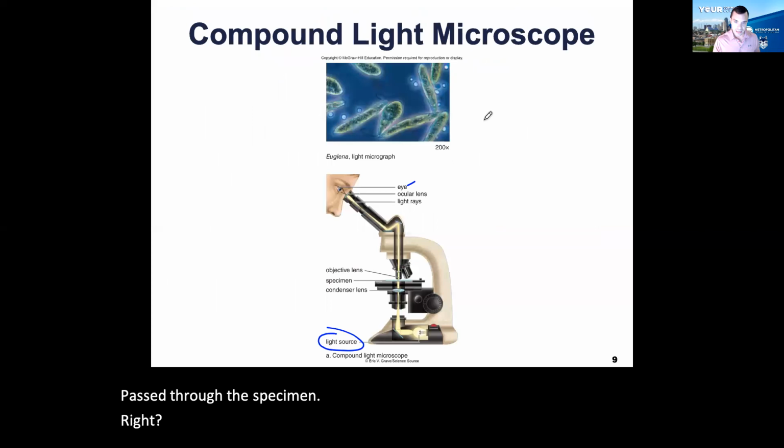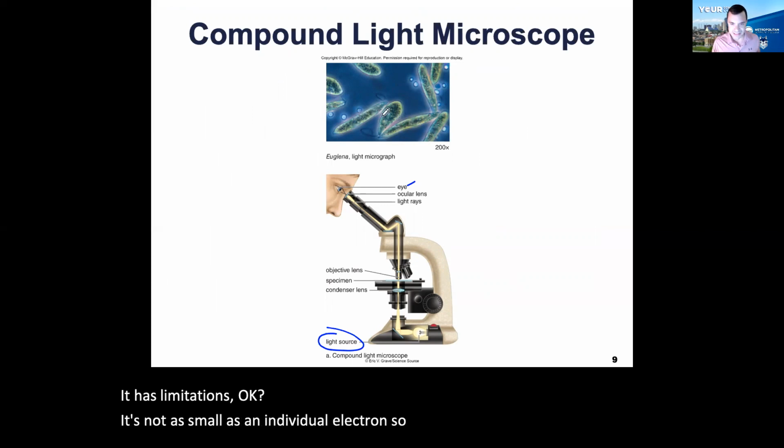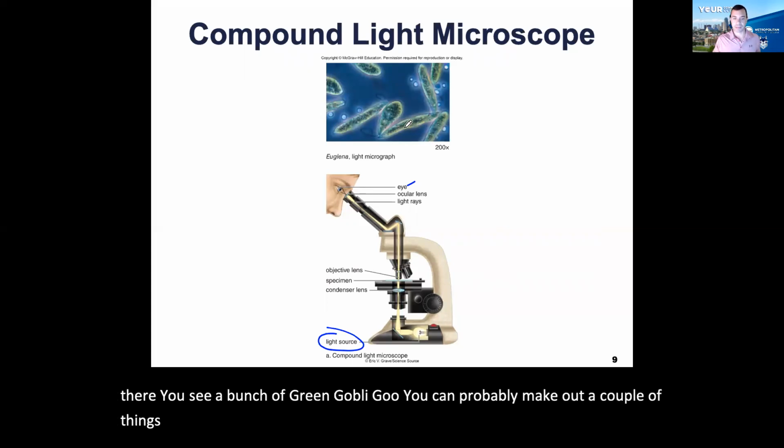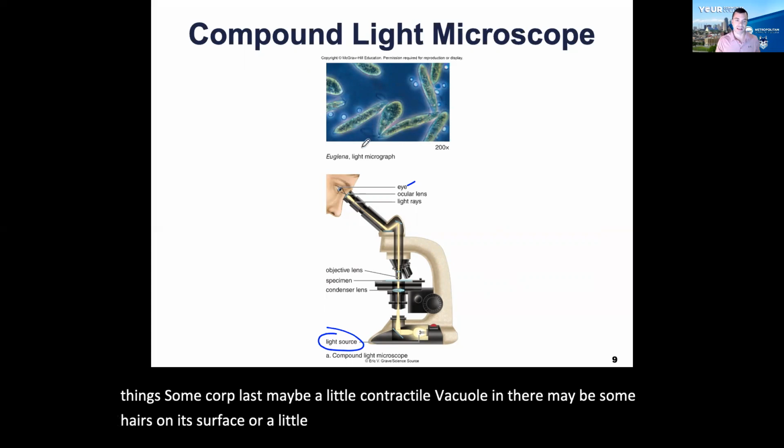So here, light was being passed through the specimen, okay? But it has limitations, okay? It's not as small as an individual electron. So you don't see all that detail inside there. You see a bunch of green gobbledygook. You could probably make out a couple things, some chloroplasts, maybe a little contractile vacuole in there, maybe some hairs on its surface or a little bitty flagellum here at the end.